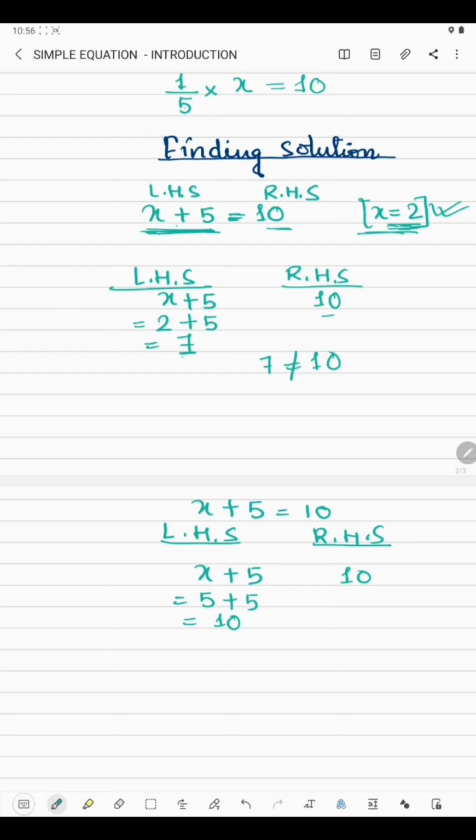That means the solution of the given equation is 5, because after putting the value of x which is 5, we have got the value which is matching the right hand side. So we can say that the solution of the given equation is x equals 5.